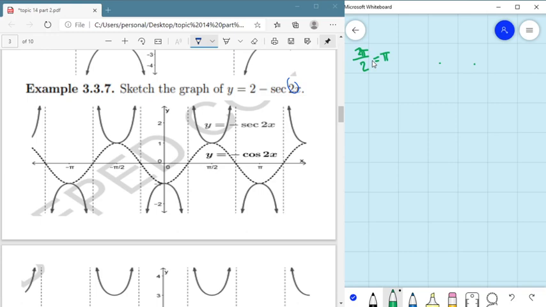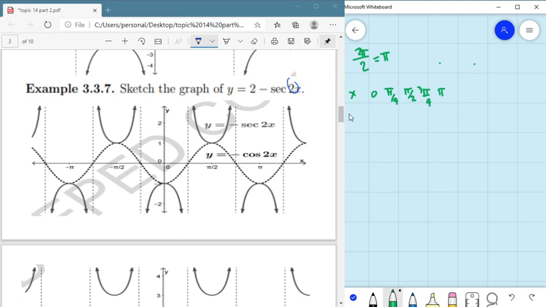Okay, so from there, we have 0 to pi, and the values of x must be taken from 0 and pi. Then we have pi over 2. In between them is pi over 4. And between them is 3 pi over 4. Okay?